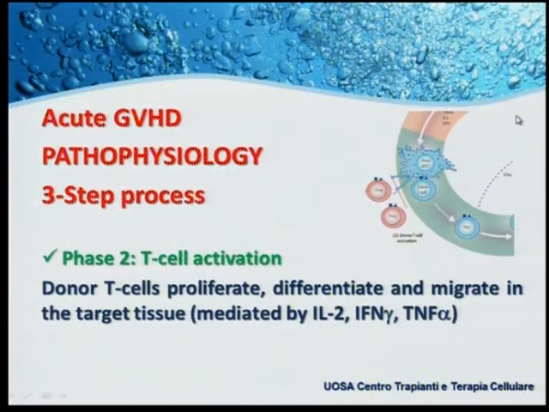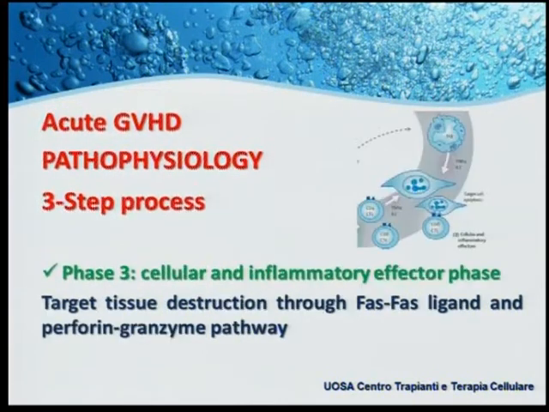Phase two is characterized by proliferation, activation, and migration of donor T cells in the target tissue. And finally, phase three is characterized by the production of inflammatory cytokines that is responsible for tissue necrosis.